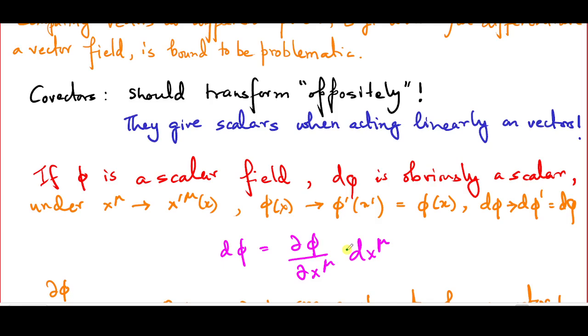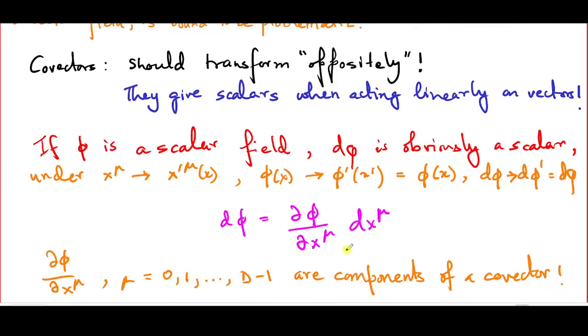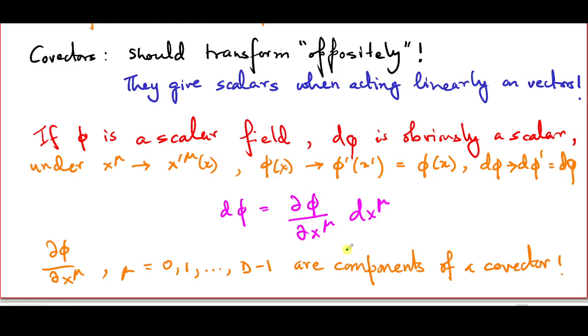This is nothing but the formula for the total differential of a function. So if you just think of the coefficients here, ∂phi/∂x^μ, as μ runs from 1 to d or 0 to d minus 1, these must form the components of a covector. The dx^μ's are obviously vectors. They, after all, are prototypes of all vectors.